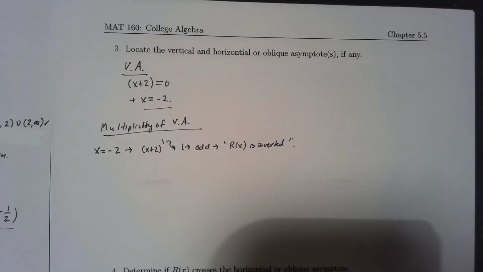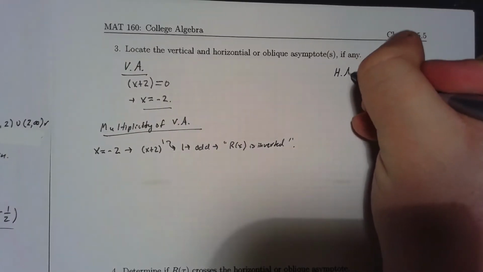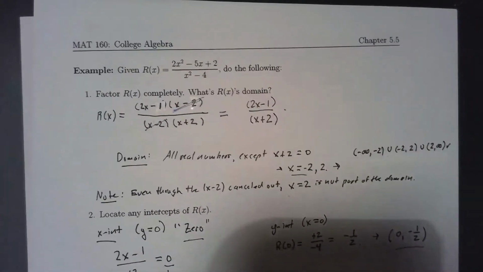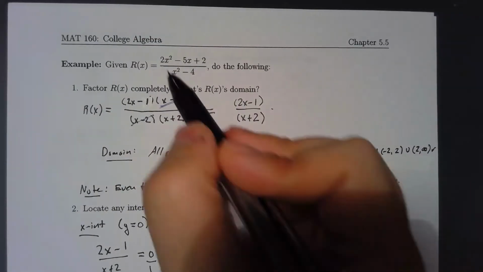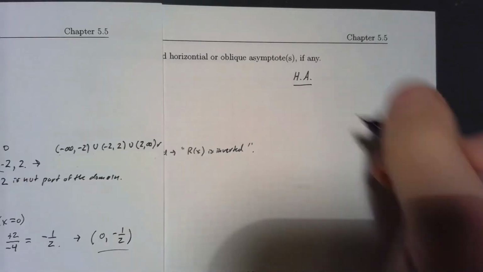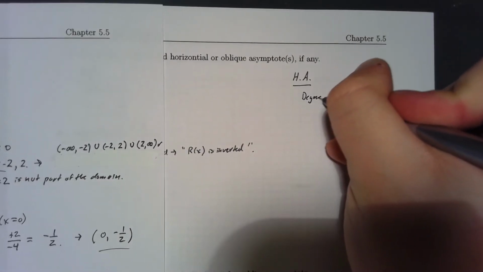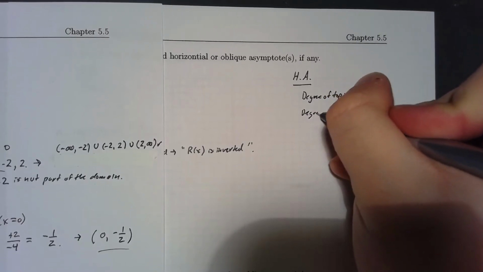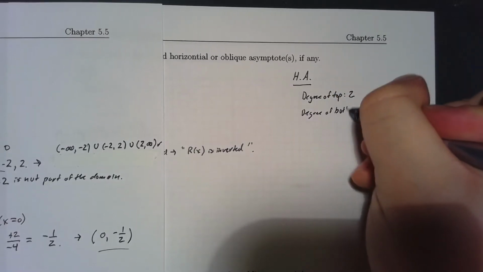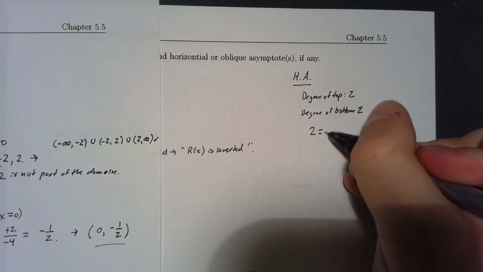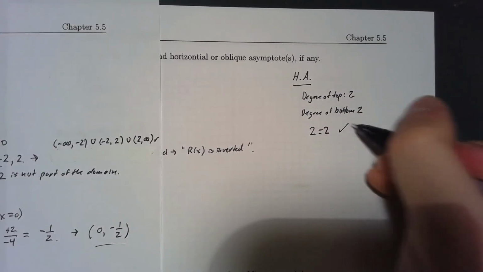All right, now let's find the horizontal asymptote. So if I look at my function, right, the degree of the top is 2. The degree of the bottom is 2. They're the same. So that means what?